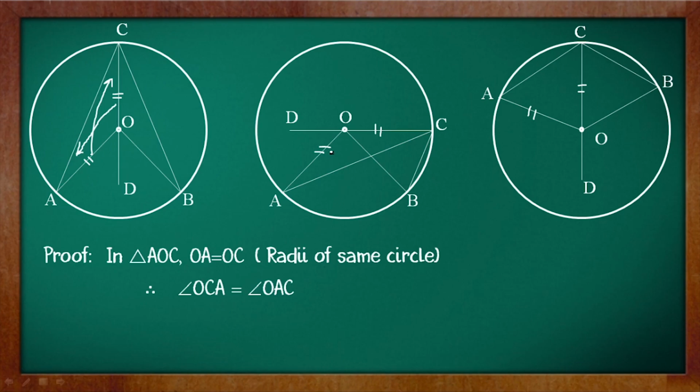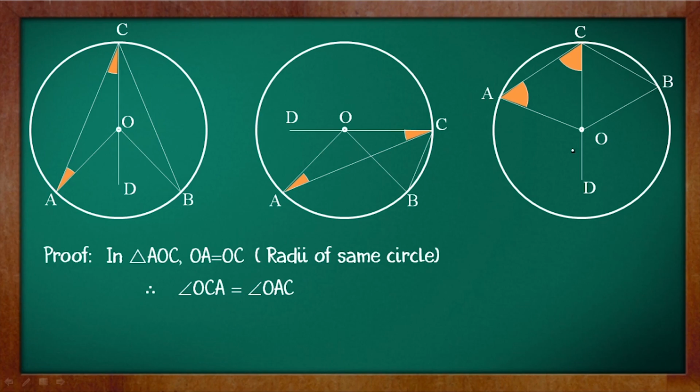Here also opposite to this will be this angle, and opposite to this will be this angle. So this is angle OCA, and this is angle OAC. Here also we have angle OCA and OAC. So these angles are equal.